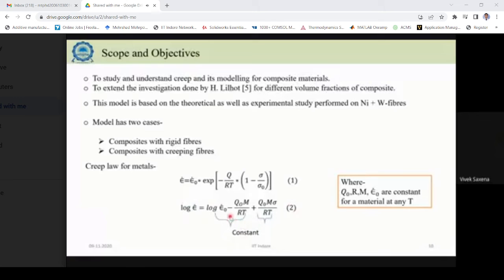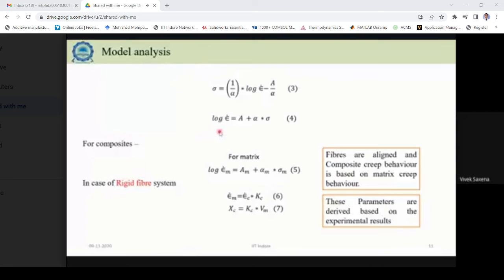And he said that there are some constant terms in this equation that remain constant at a particular temperature, and at that particular temperature this value gives the creep rate, and that creep rate can be studied with the variation of applied stress.